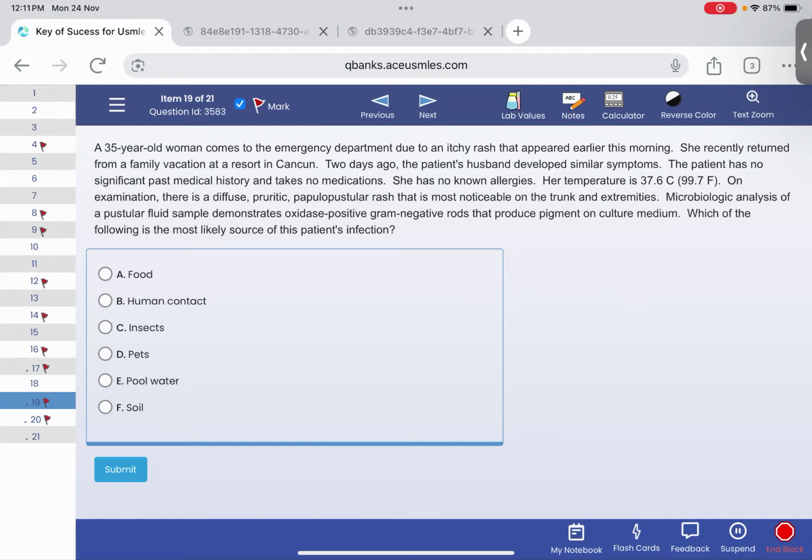So what condition is this patient presenting with? Hot tub folliculitis. Yes, hot tub. And the source is water. Yes, Pseudomonas aeruginosa causing the hot tub folliculitis with this diffuse pruritic papulopustular rash, which is most noticeable on the trunk, right?